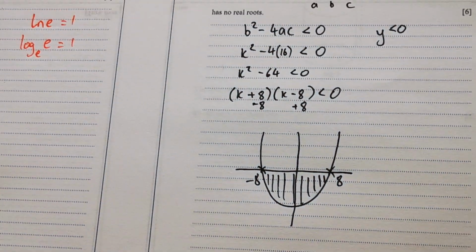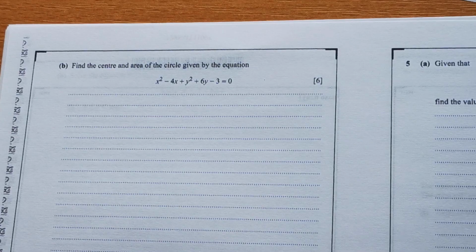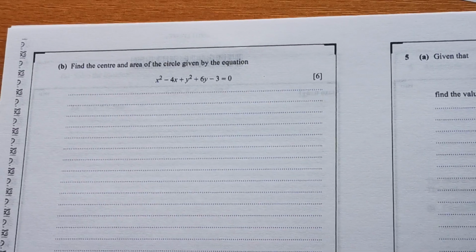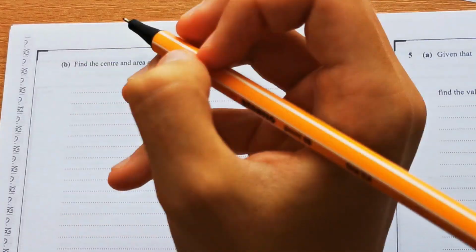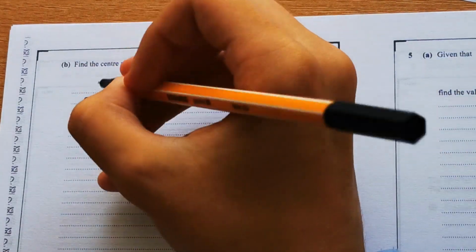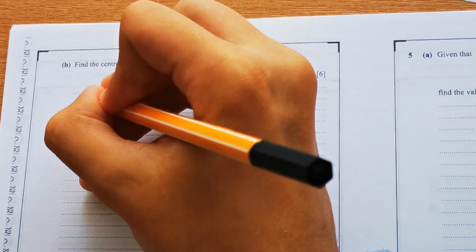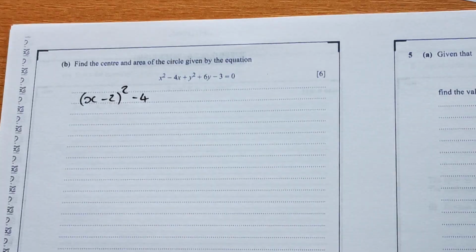Okay, let us flip the page. Find the centre and area of the circle given by the equation. Now, this is completing the square to find the area of a circle. So let's take the x's by themselves first. Remember, to complete the square, you divide this by 2: x minus 2 all squared, take out that part squared, minus 4.